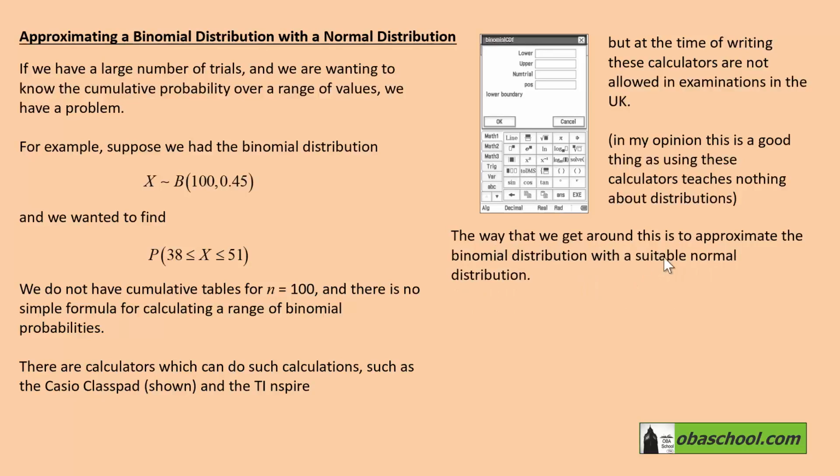The way that we get around this problem is to approximate the binomial distribution with a suitable normal distribution.